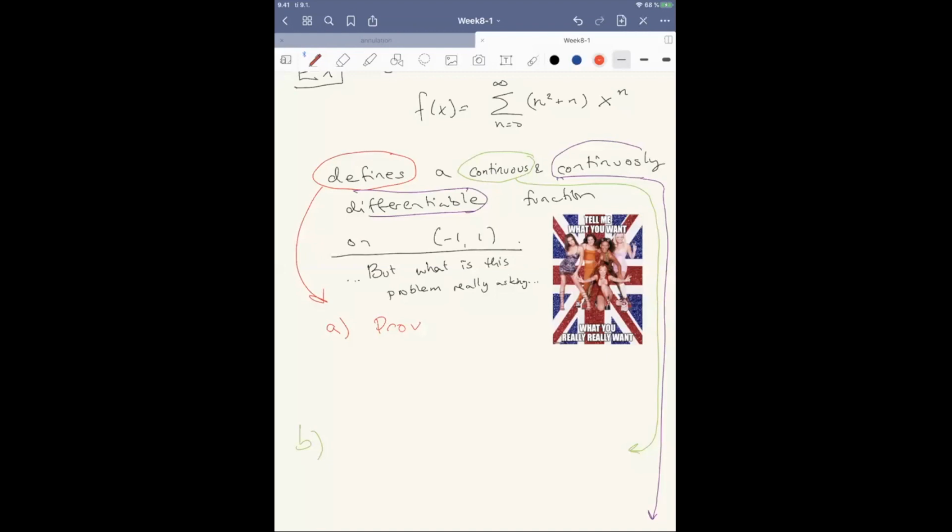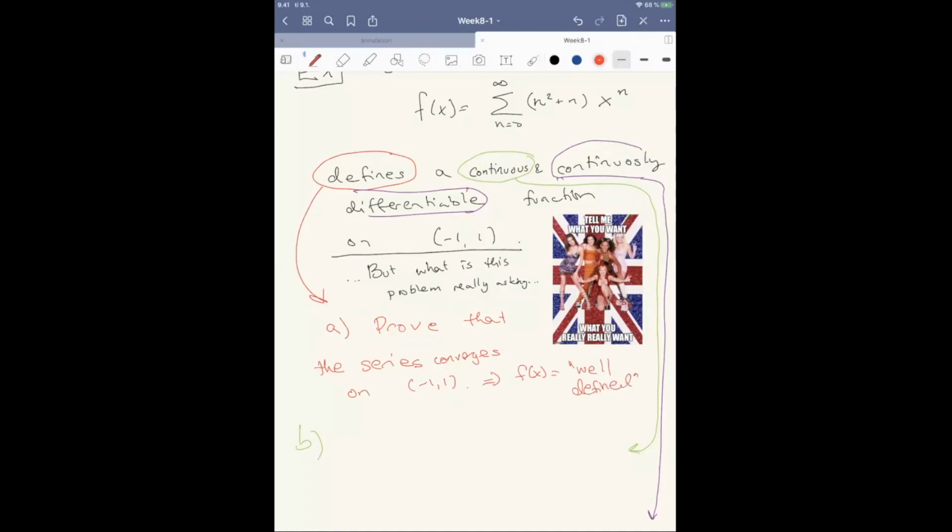And this means prove that the series converges on (-1, 1). Because if it converges, it then defines f(x).